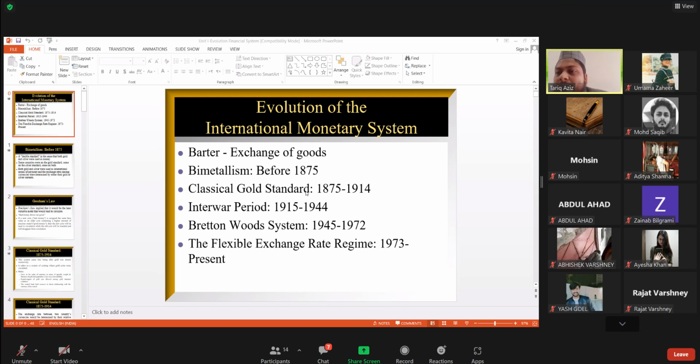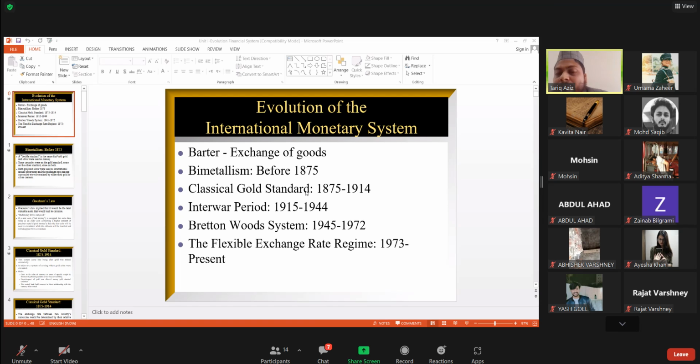Every country was behaving in a very responsible manner. No country was printing money, because every country was following the rule that to print money, we have to keep additional reserve of gold, and the supply of gold was limited.